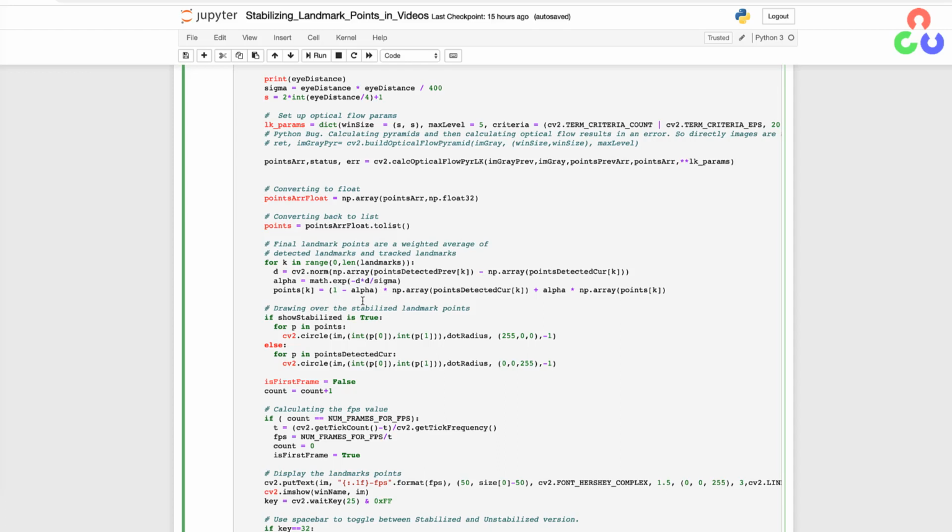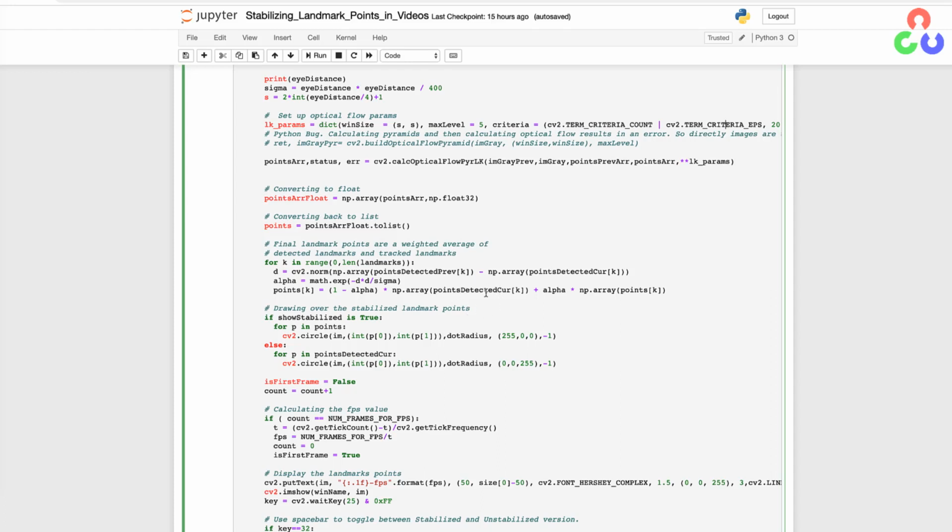Now e to the power anything, especially with a negative, goes from 0 to 1. When d is 0, then this number is 1. When d is infinite or very large, then this number alpha is almost 0. So we are combining the points now. The first set of points is points detected current.